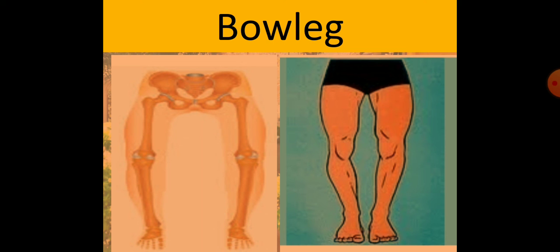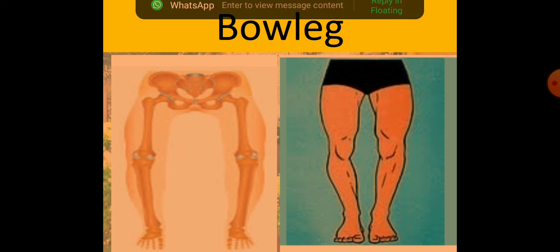Bowleg is very common in infants or early childhood, but when the bones and muscles develop, it is cured automatically, because of wrong walking habits in small children, especially infants 0 to 2 years of age.